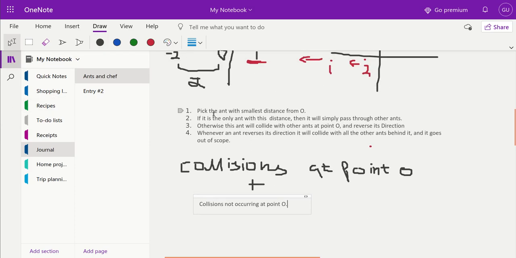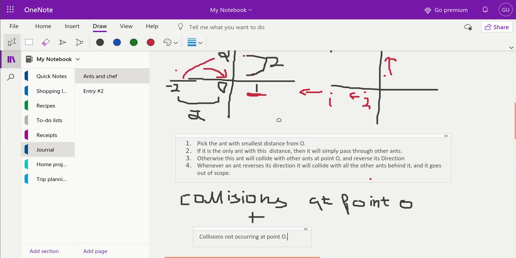So with this algorithm in mind, I'll show you my code.